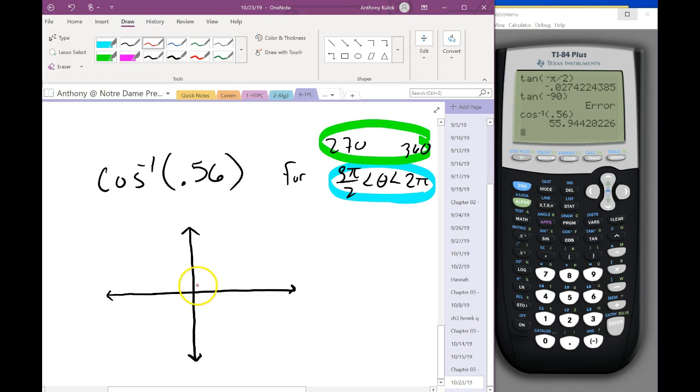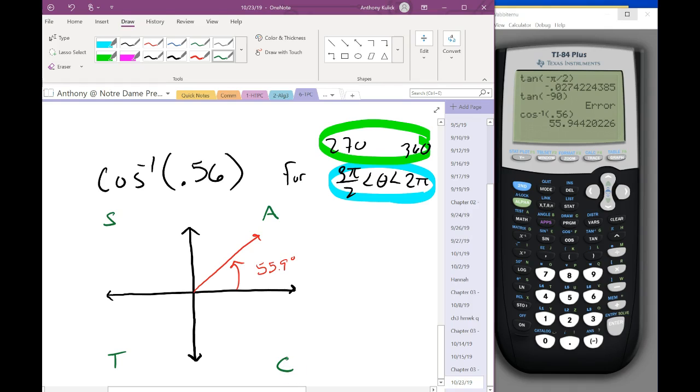So 55.9 degrees is like this angle right here. Remember, when we draw angles, we start on the positive x-axis and we rotate counterclockwise. So 55.9 is about there. Now I'm going to go back and remember about All Silly Turtles Crawl.